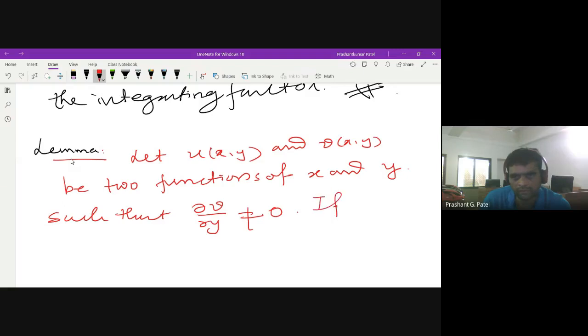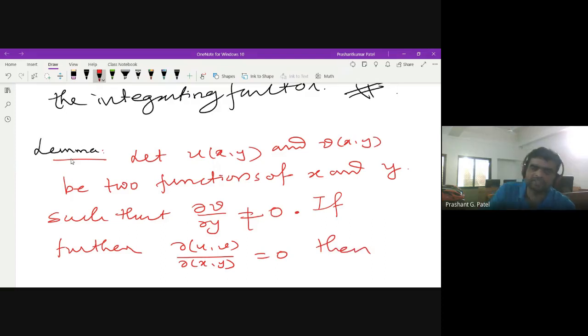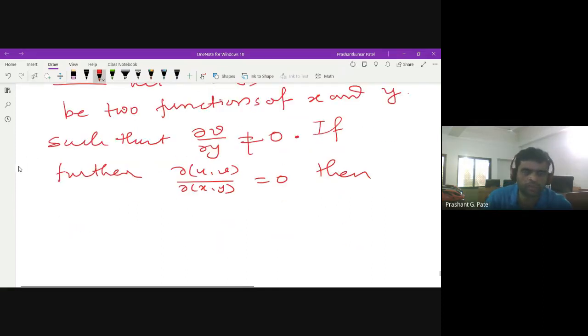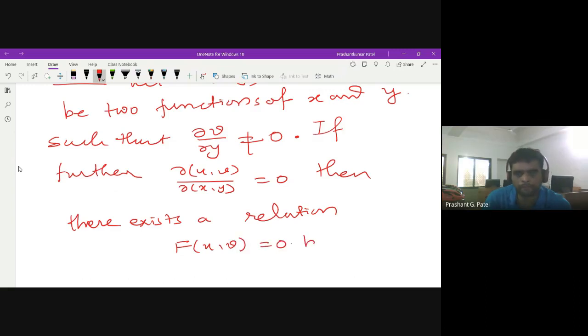If further the Jacobian del(u,v) by del(x,y) is also 0, then there exists a relation, that is F(u,v) equal to 0, between u and v not involving x and y respectively.